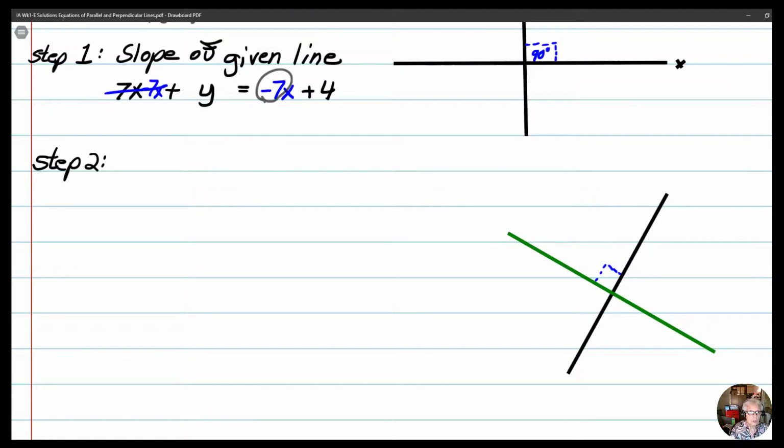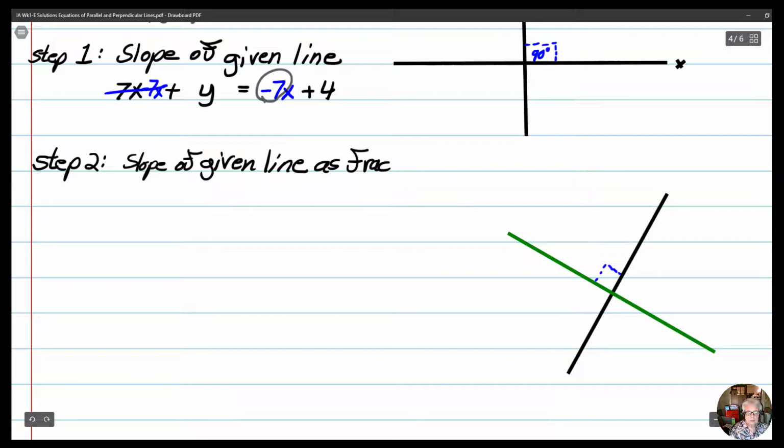All right, so the slope of the given line, writing it as a fraction: negative 7/1.